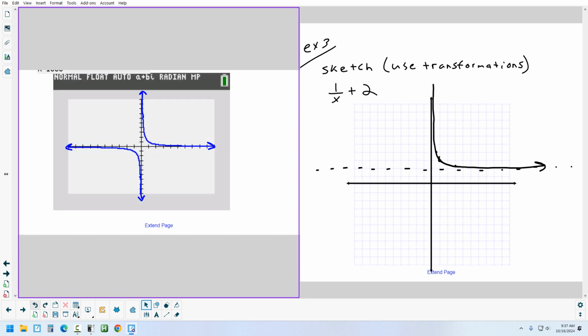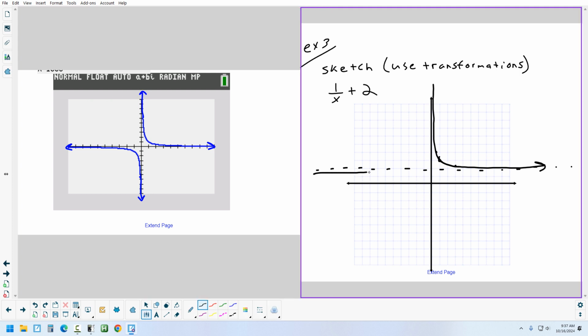Just shift everything up 2. That's all that's happening. Something kind of like that. I might not have my curve in the exact spot. I'd have to plot maybe a couple points around -1, -2 to figure that out. But that's the idea.